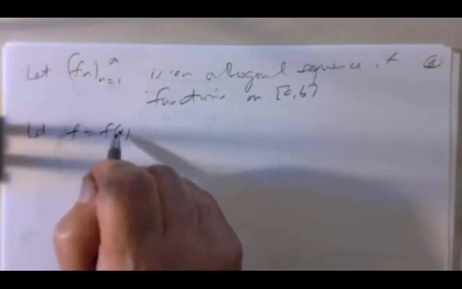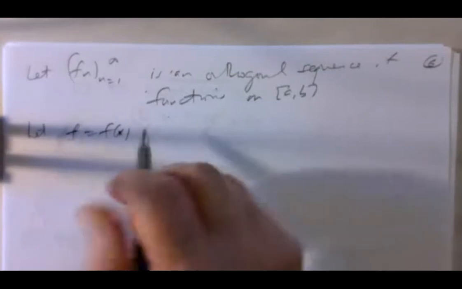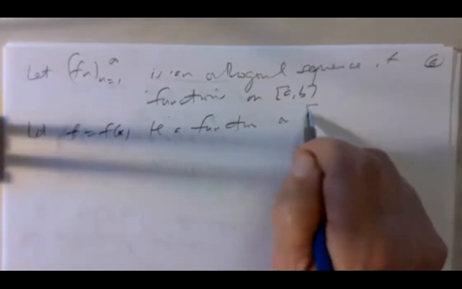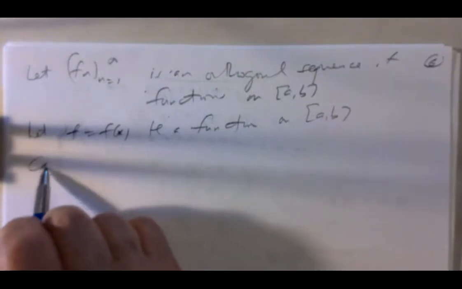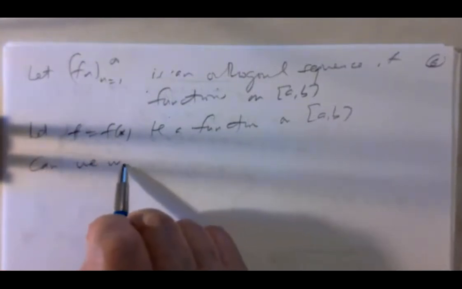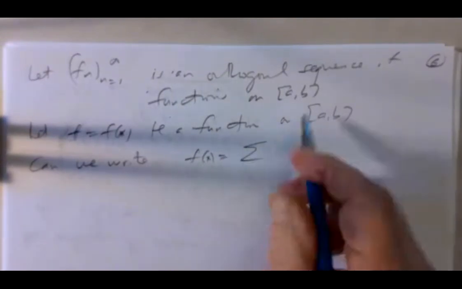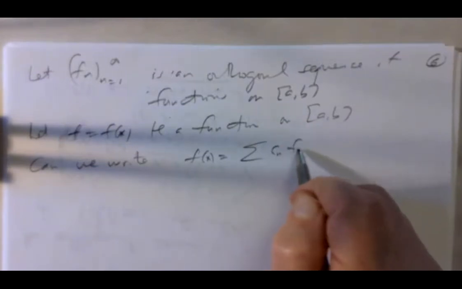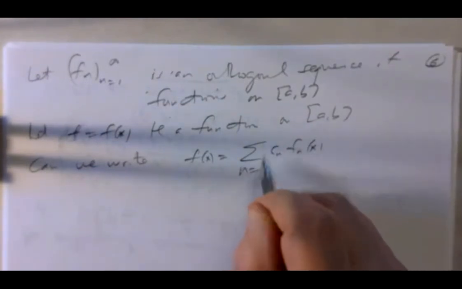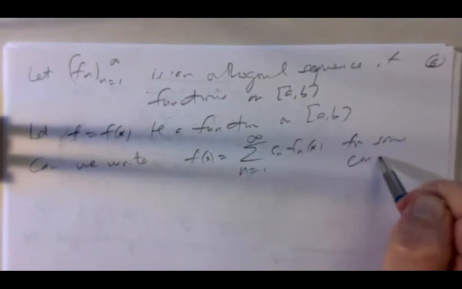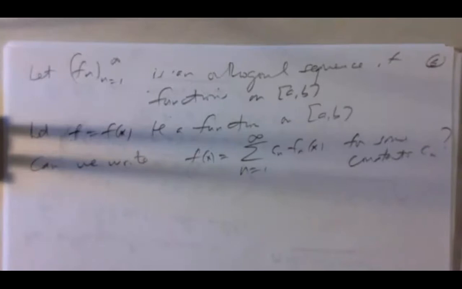I often don't bother to write the parentheses around the x. This is just a function. Let f be a function on the interval from a to b. And the question is always, can we write f of x as some infinite series, the sum of constants cn times fn of x, n equals 1 to infinity, for some constants, real numbers, cn? That's the question.